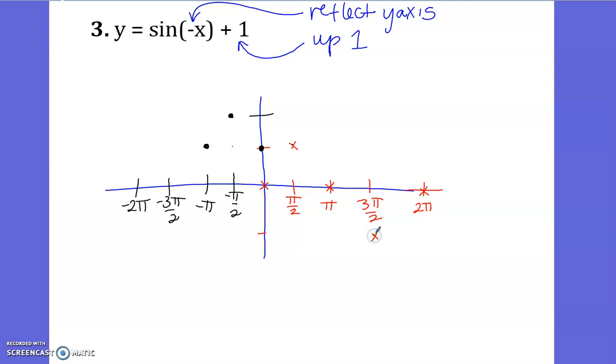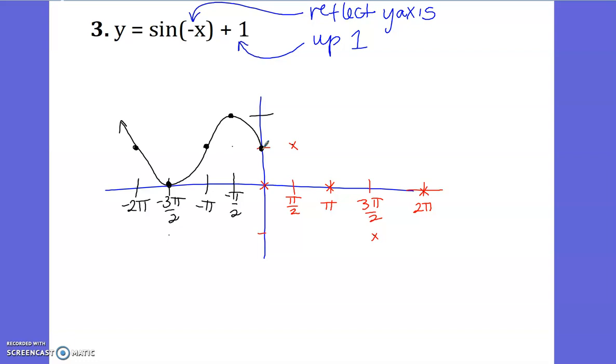If I take this point right here and I reflect it, I land right here, and then I go up 1. Last point, I reflect over the y-axis and I go up 1. So there is part of our graph, and that is one period of the graph.